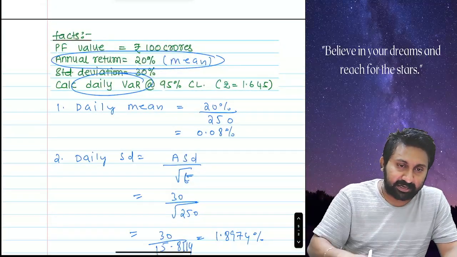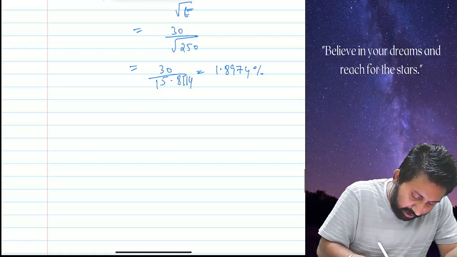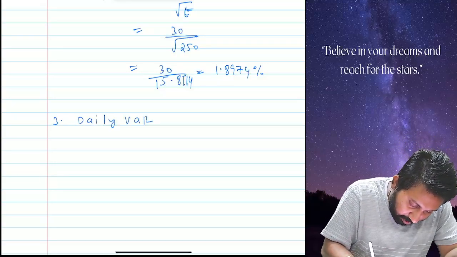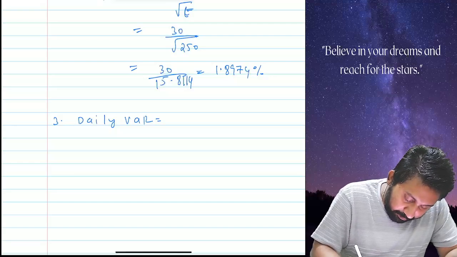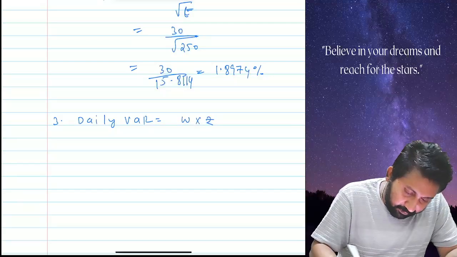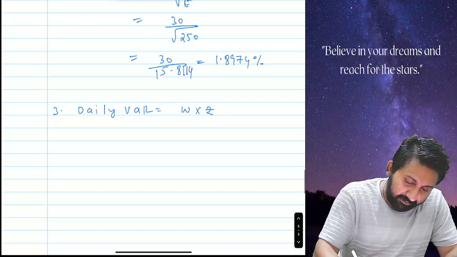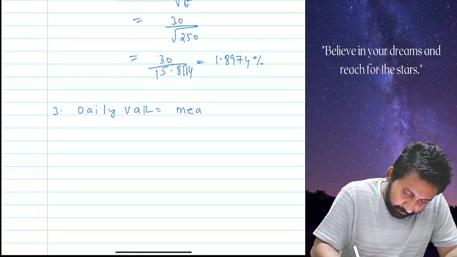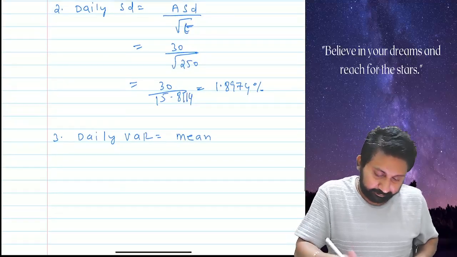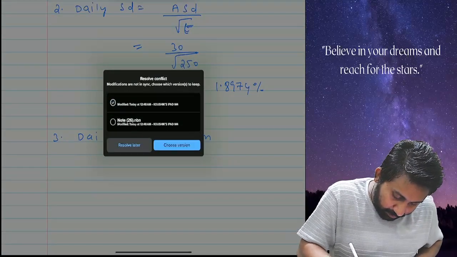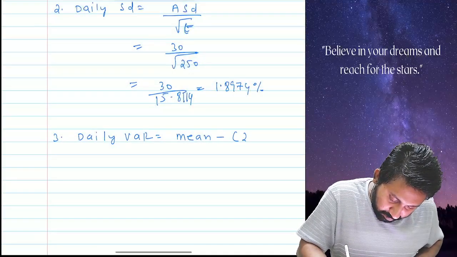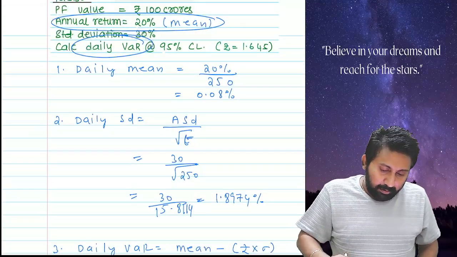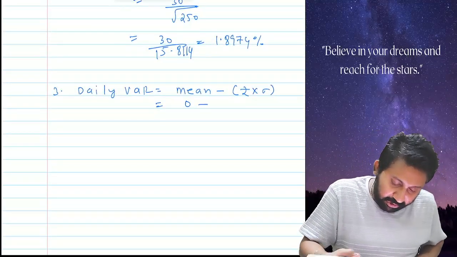Okay, this is the situation. So what is being asked? Calculate the daily VAR. Tell me, what is the formula for the daily VAR? Portfolio wealth into, sorry, mean value. It is given, no. Okay, mean value, nothing is said, so 0.